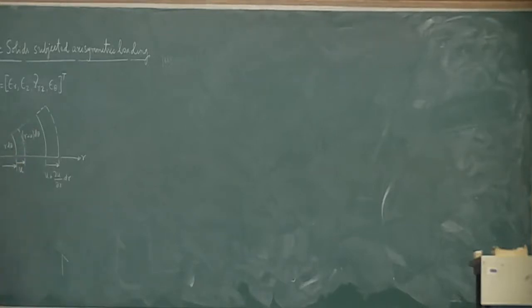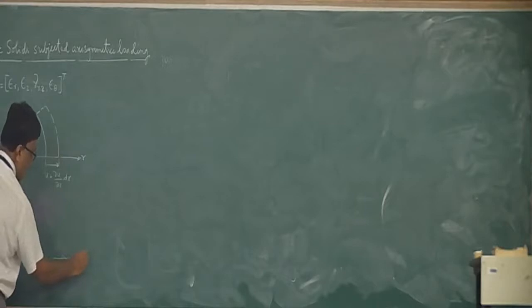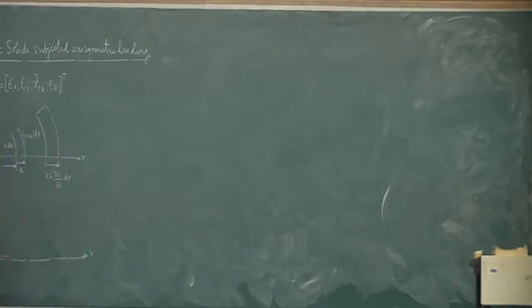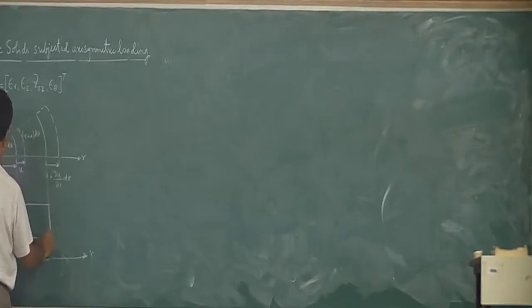And if you look at the normal plane, that is the ZR plane, what we call R versus Z here, the original element, let us say this and this, was originally a rectangle before the deformation.